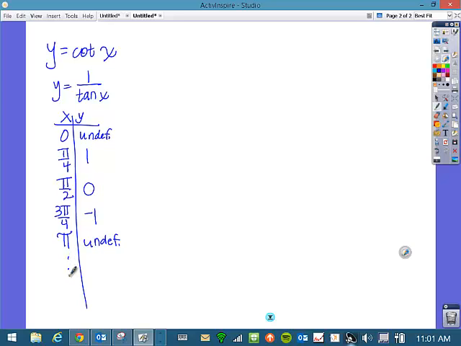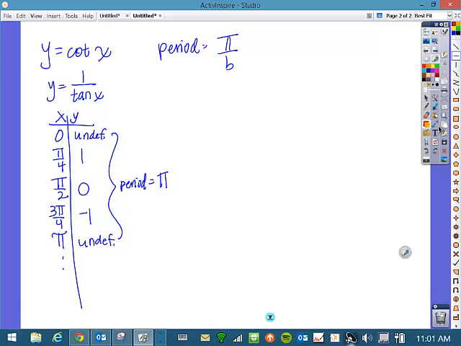So we could keep going. Again, your period is pi. So to find the period of cotangent, you're going to do pi over b, not 2 pi over b, just pi over b.